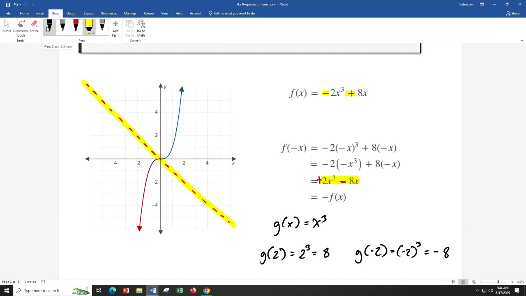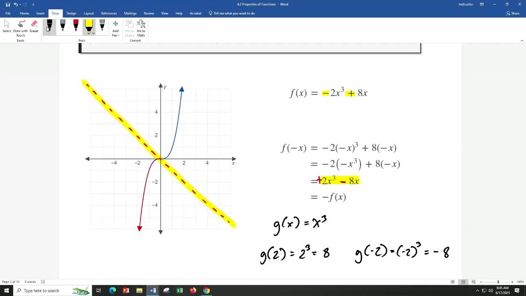Now, you can have neither. You can have a function that is neither even nor odd. Let me tell you what's going to happen. First off, do you kind of understand what they're doing right here with these negative x's? Notice, negative x cubed becomes negative x, which is going to make that a negative 2.